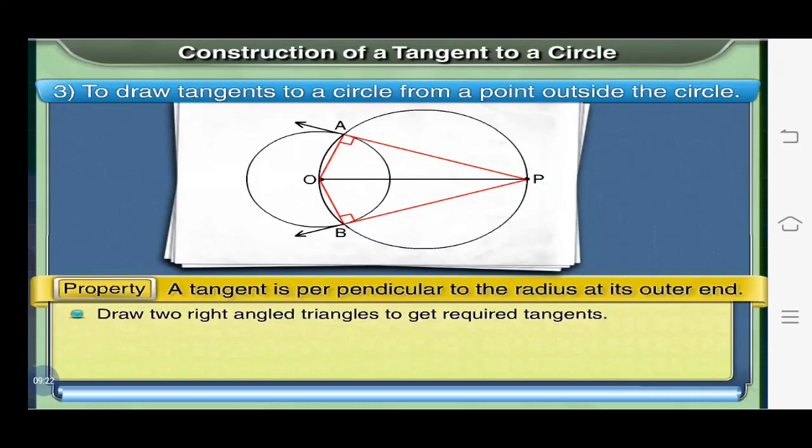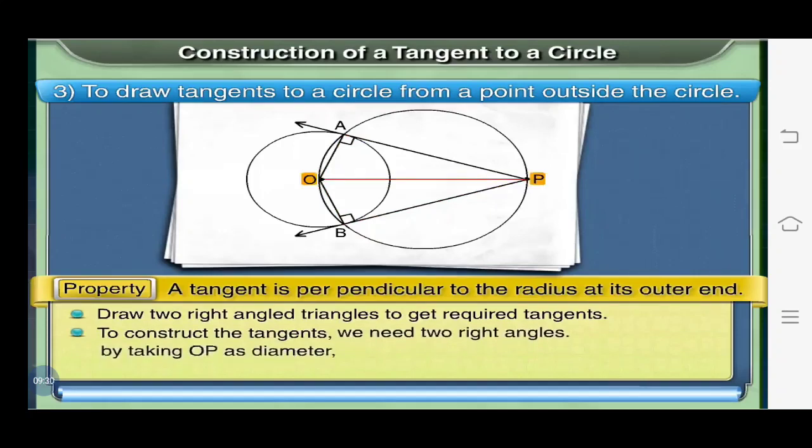To construct the tangents, we need 2 right angles. So, by taking OP as diameter, we can draw 2 right angles, angle OAP and angle OBP, as you can see in the figure. We will draw tangents to a circle from a point outside the circle.